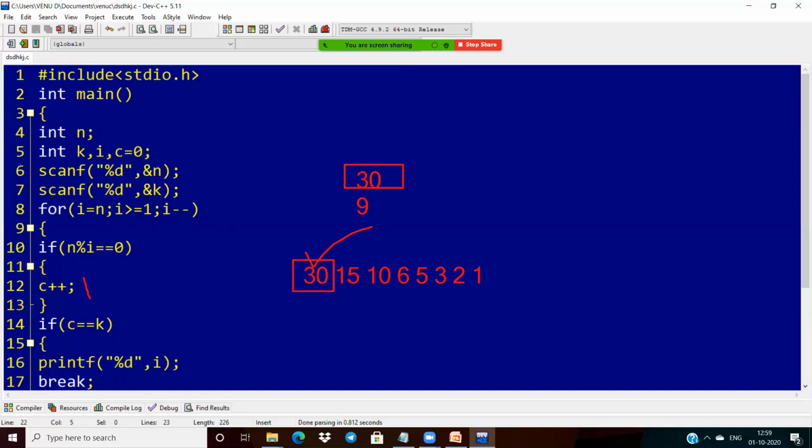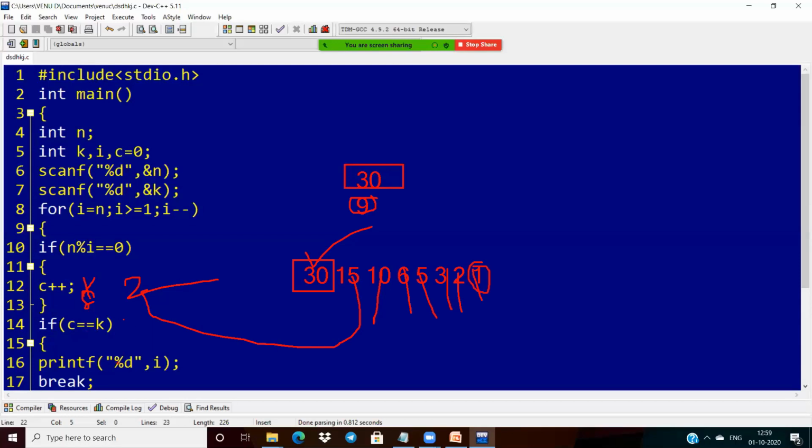Next for 15, C is 2, then 3, 4, 5, 6, 7, 8. K is 9. After getting 1, the C value is 8.